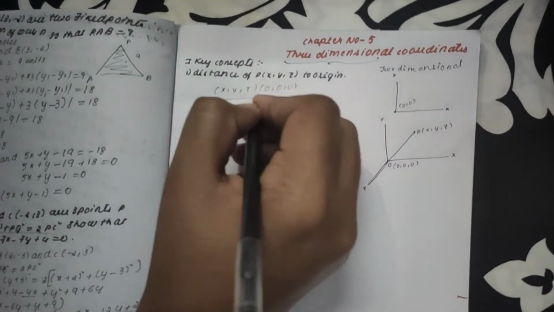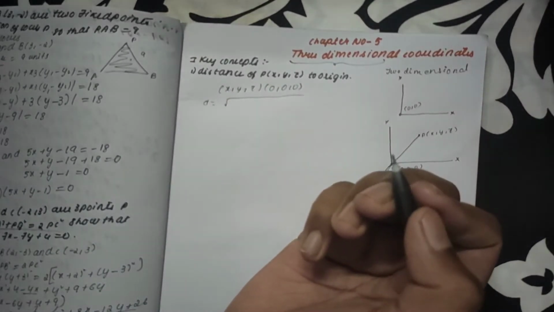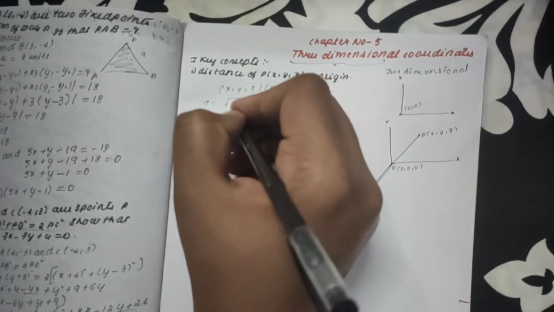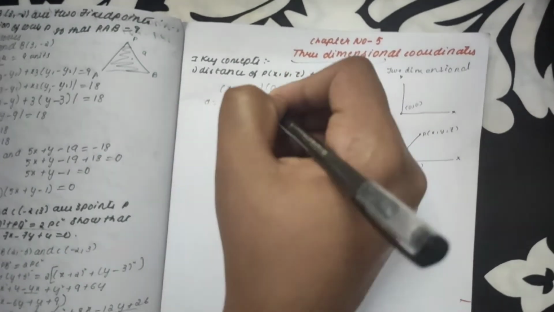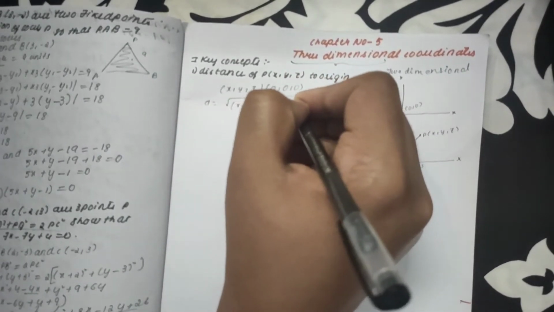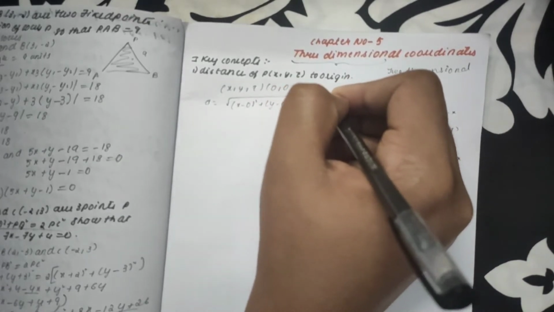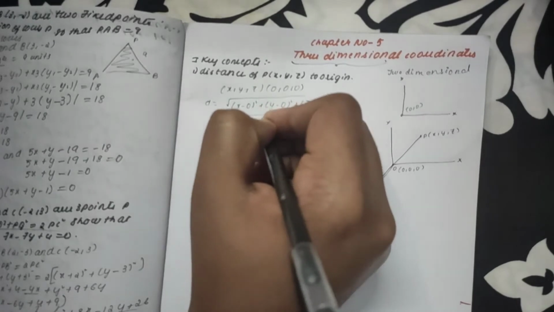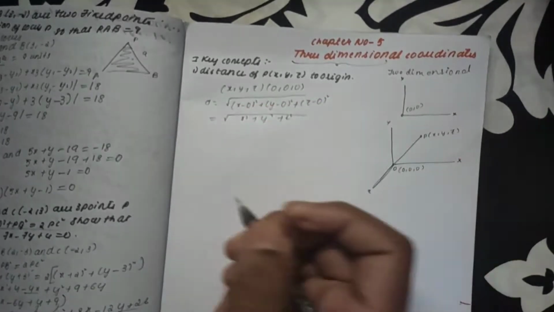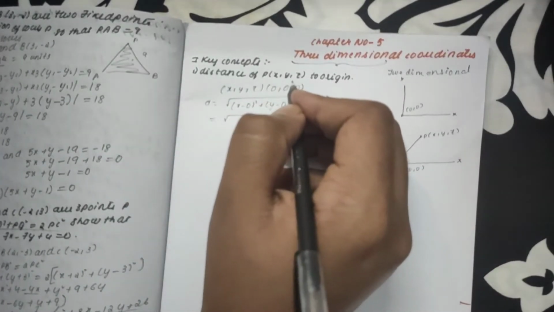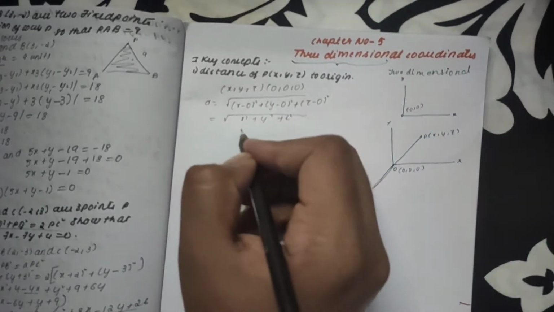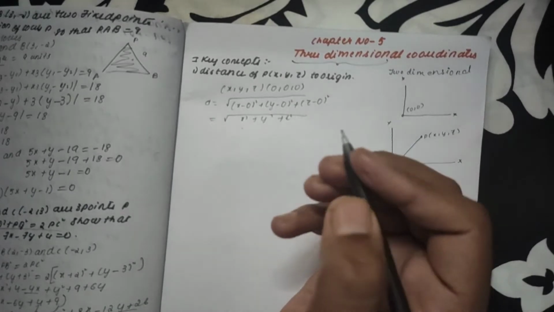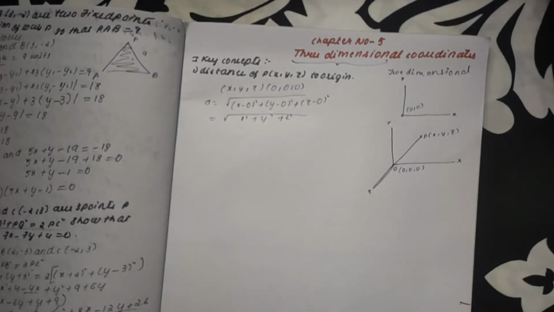Distance formula is x minus x1 whole square plus y minus y1 whole square plus z minus z1 whole square. Substitute this: x minus 0 whole square plus y minus 0 whole square plus z minus 0 whole square equals root over x square plus y square plus z square. So the distance between P of x comma y comma z to origin is root over x square plus y square plus z square.